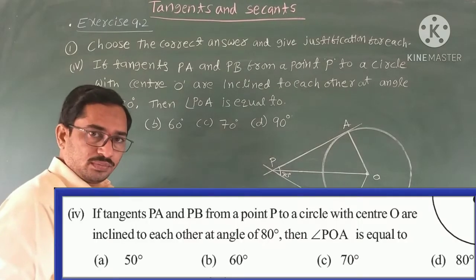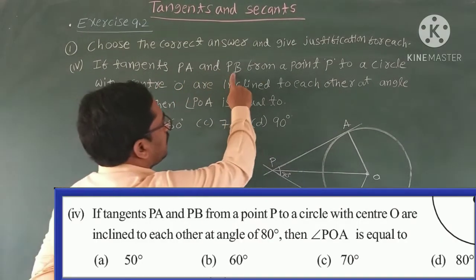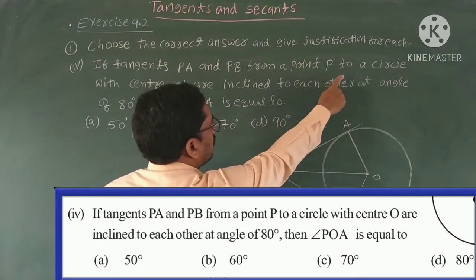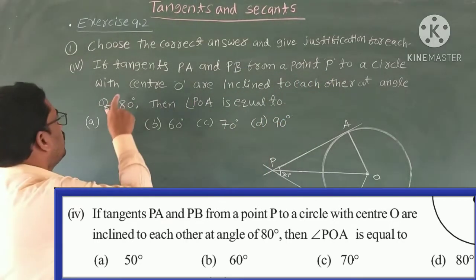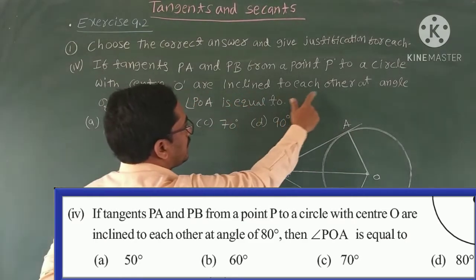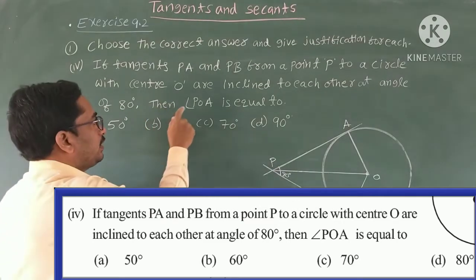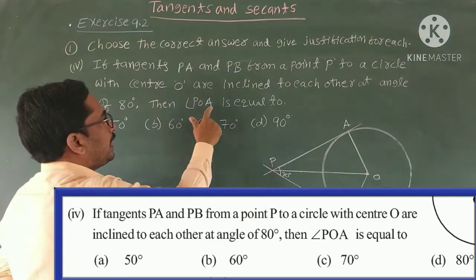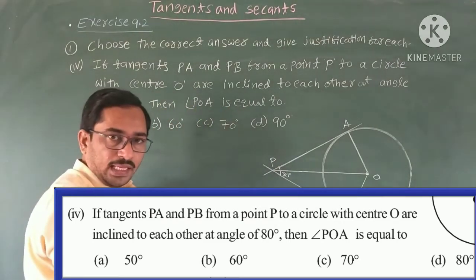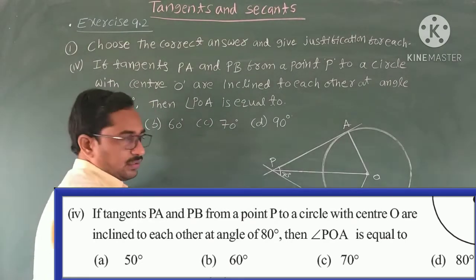See, fourth question. If tangents PA and PB from a point P to a circle with center O are inclined to each other at an angle of 80 degrees, then angle POA is equal to, we have to select the answer.